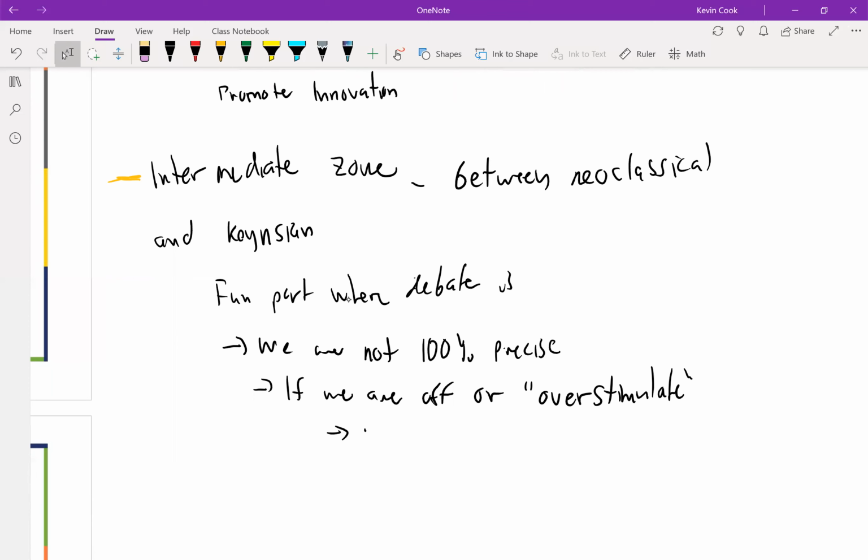This could lead to an issue with inflation, and that's not really where we want to be. We want our inflation to be steady. We want it to be relatively low and working well for us.